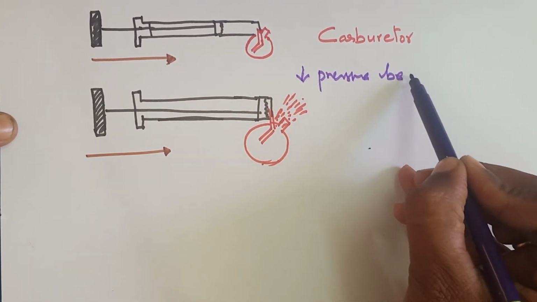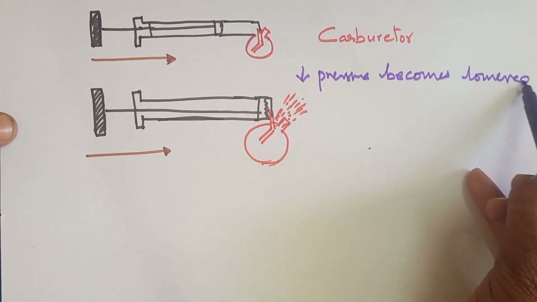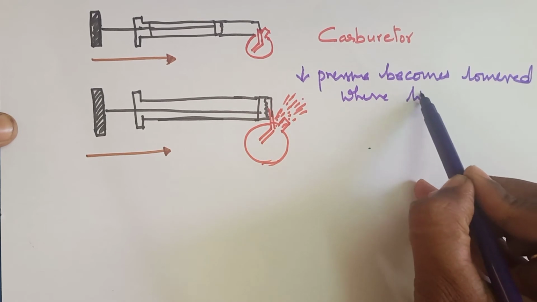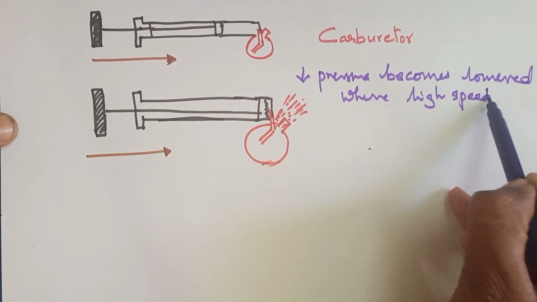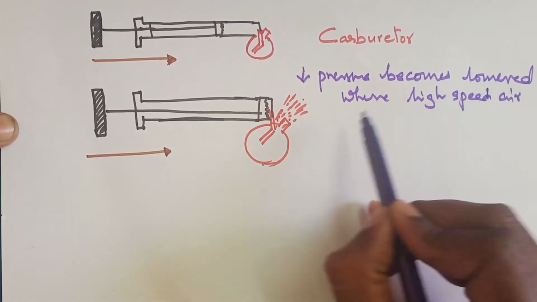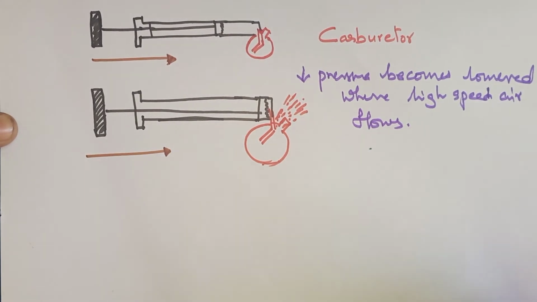Pressure becomes lowered where high speed air flows.